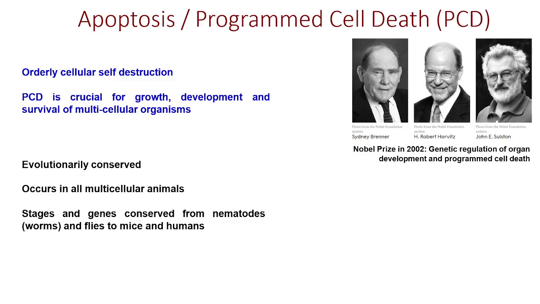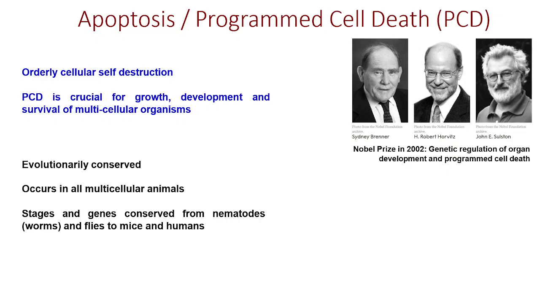Now we are getting into the most important part, that's apoptosis, which is an orderly cell destruction program that's activated within a cell and leads to rapid cell death without inflammation. It is essential for growth, development, and survival of multicellular animals and is evolutionarily conserved from nematodes and flies to mice and humans.